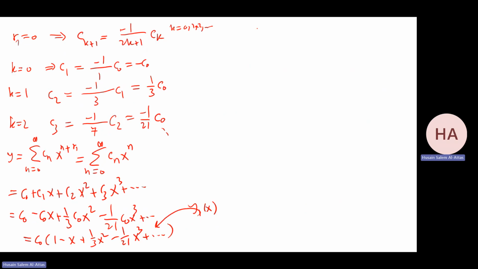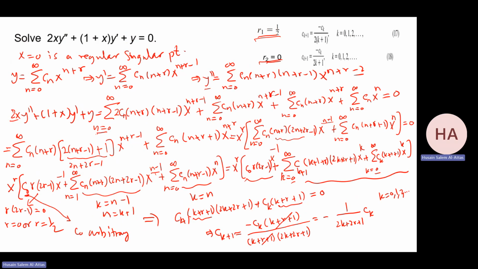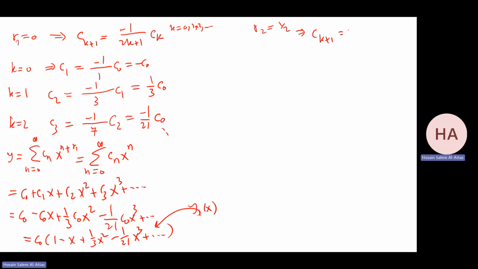Now for r2, which is half, what will be the relation? c_{k+1} with r2 equal half will be minus 1 over (2k plus 2) times c_k.